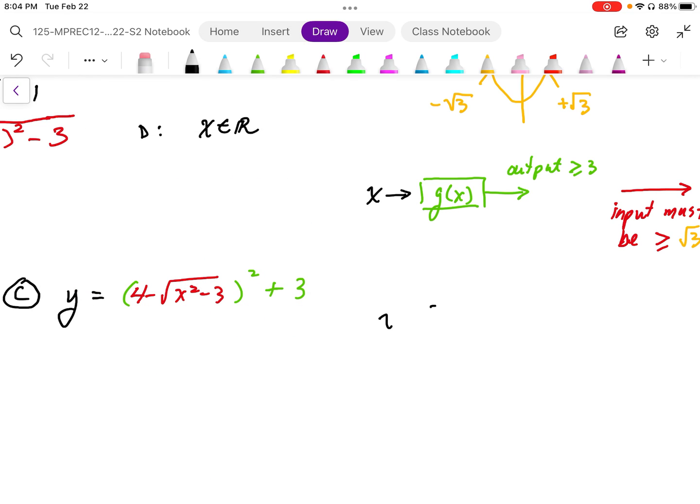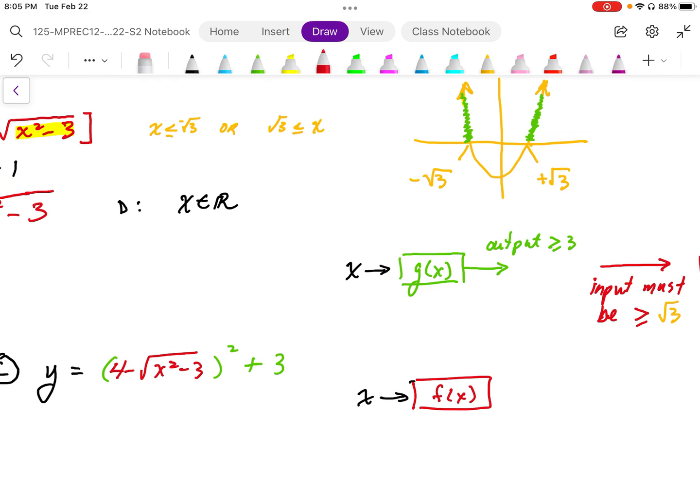I'm going to have my x. It's going to go into my g function first. Sorry, my f function. And in the f function, we've already established that x must be less than negative root 3 or greater than positive root 3 from this graph here.